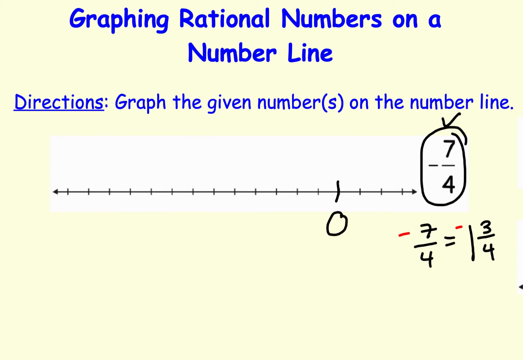So let's look at what I did. First, I looked at the number that I was starting with, and I figured out approximately where it would be. Then I set up my number line. At first I figured out where 0 was because the number was negative.